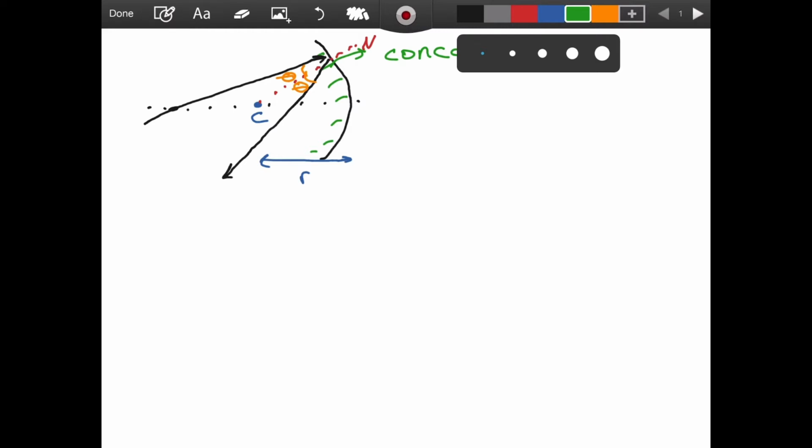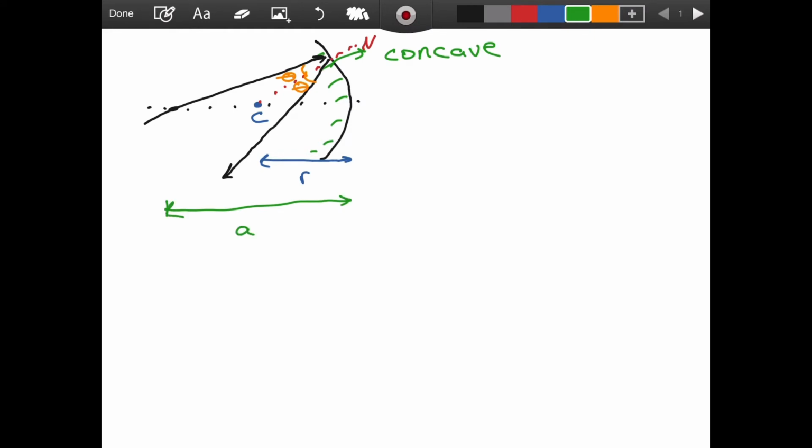If we call the distance between the point where the light beam crosses the principal axis and our mirror A, and the distance between the point where the reflected light beam passes the principal axis and the mirror B, we're in fact looking to relate A and B. And perhaps you might have another quantity, as you will see at the end.